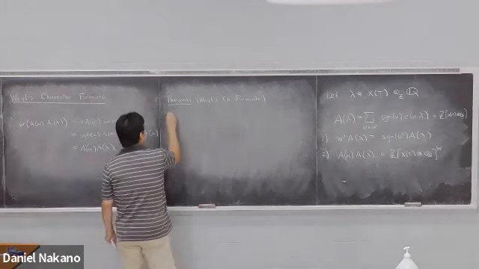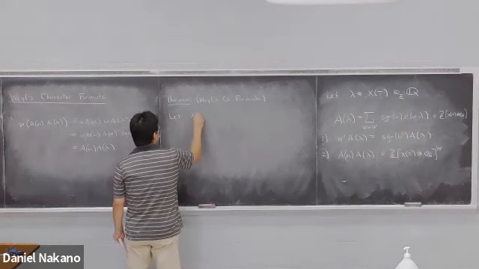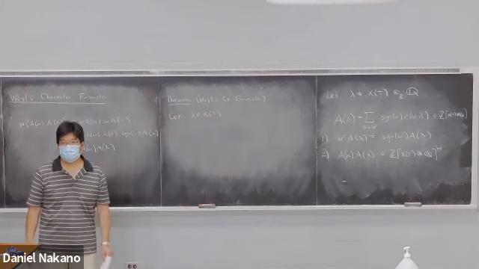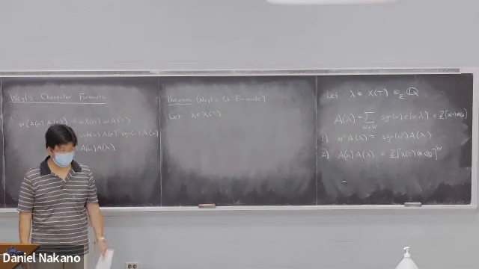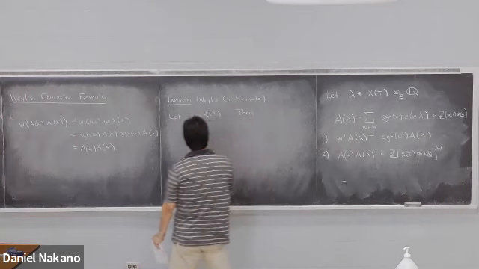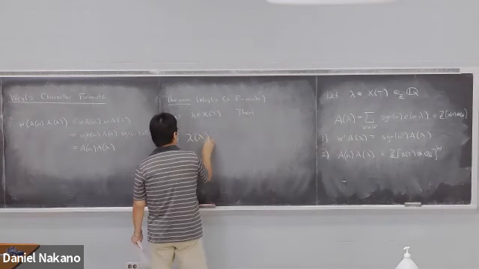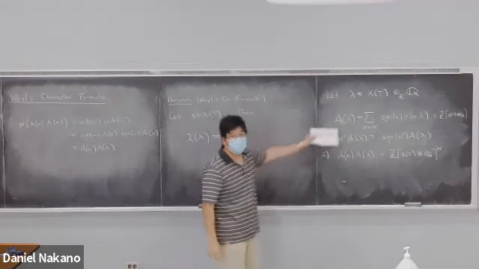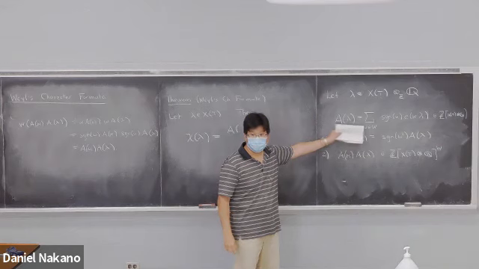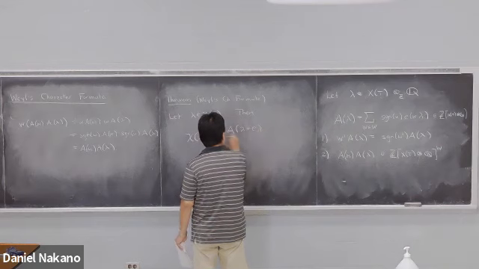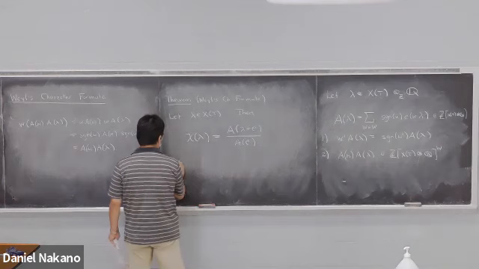So it says the following. Let lambda be any weight, and so we know what the Euler characteristic is. Then the Euler characteristic of lambda is going to be equal to A, this A that I presented up here, of lambda plus rho, over A of rho, and then again, rho is the half sum of positive roots.